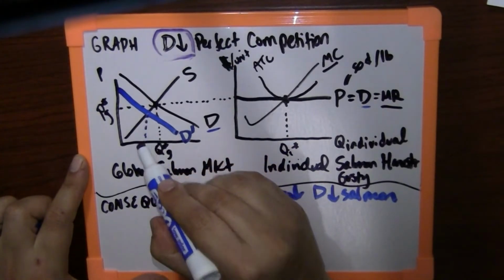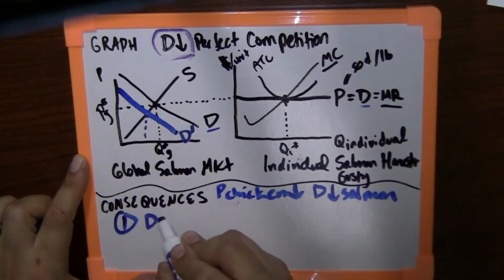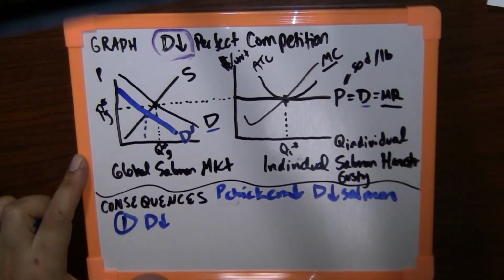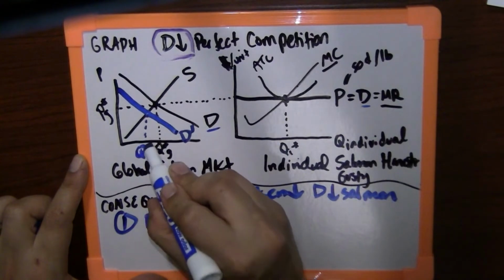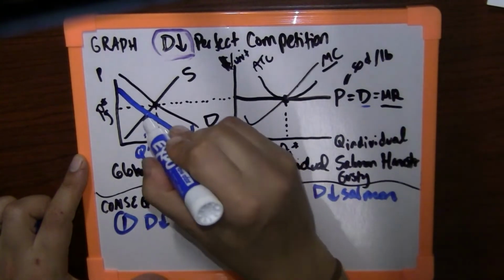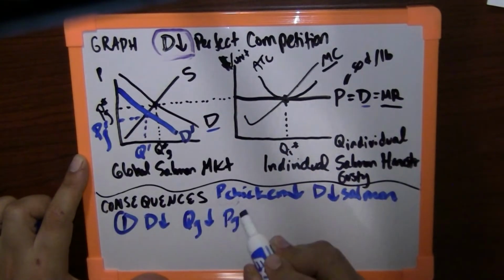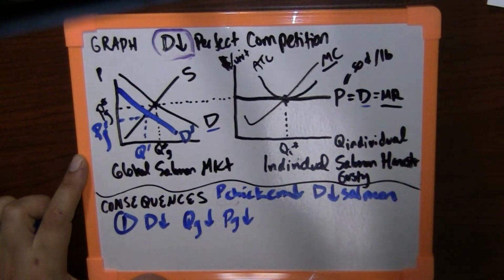They're switching over to chicken. So first round of consequences, demand falls globally. That pushes the global quantity down, less salmon bought and sold, and the global price down. That is all short run for the global salmon market.